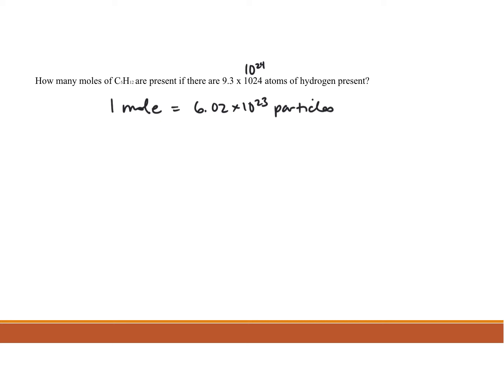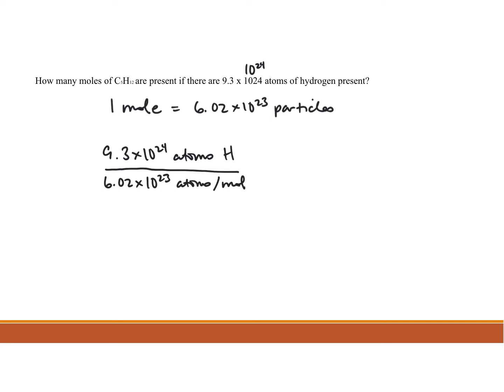If you have 9.3 times 10 to the 24th atoms of hydrogen, we can determine how many moles of hydrogen there are. And how do we do that? You would divide it by Avogadro's number. So we divide it by 6.02 times 10 to the 23rd atoms per mole.